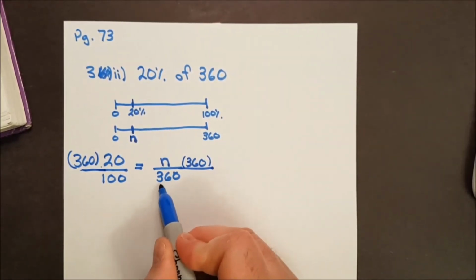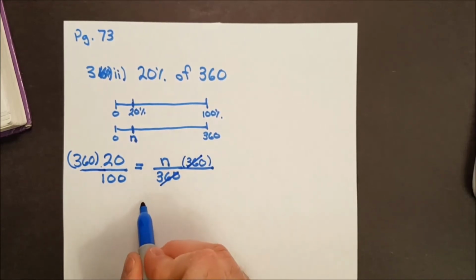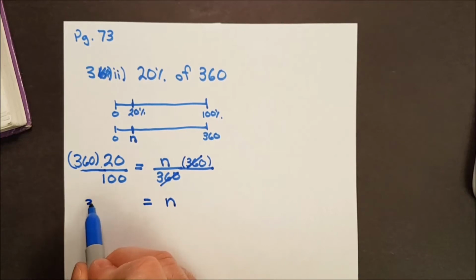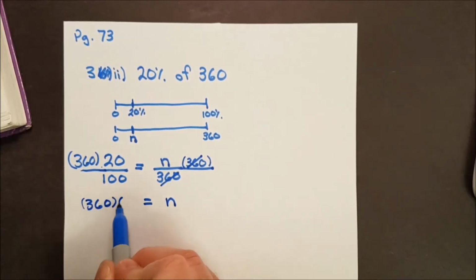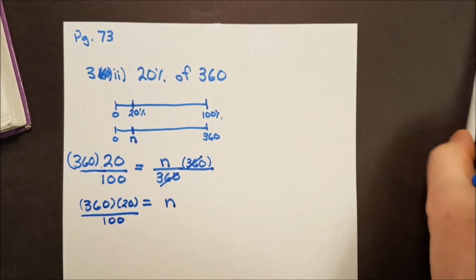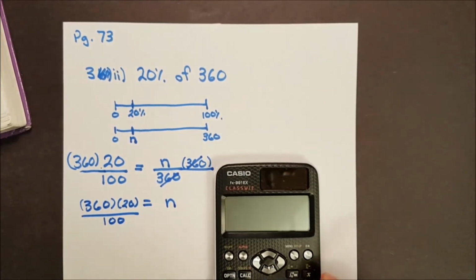360 divided by 360 is 1. Now 360 times 20 divided by 100. Let's use our calculator.